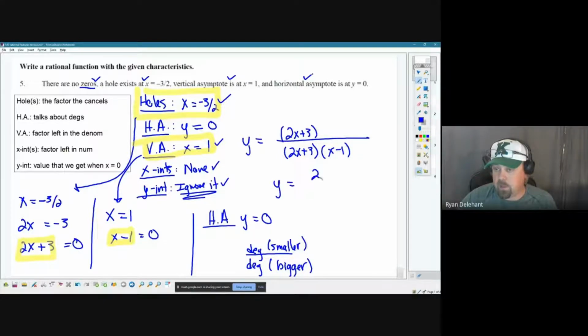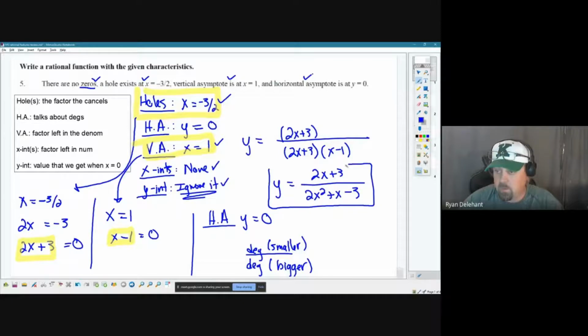So if we multiply this out, the top would still be 2x plus 3. The bottom, we multiply this out, we get 2x squared, that's 3x minus 2x, that's plus x minus 3. This is what we have as our answer right now. Is the top degree smaller than the bottom degree?